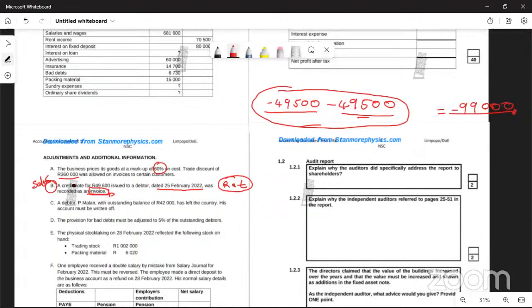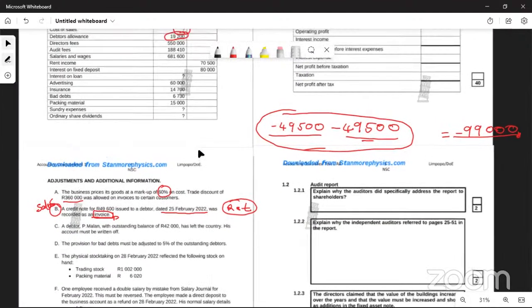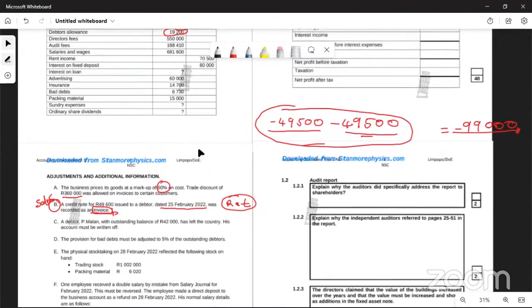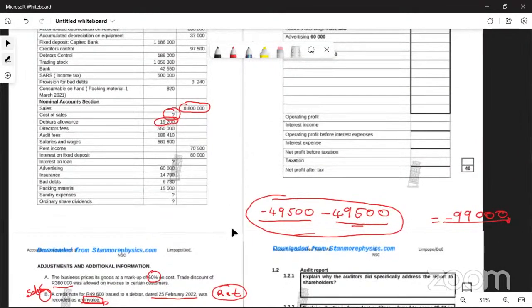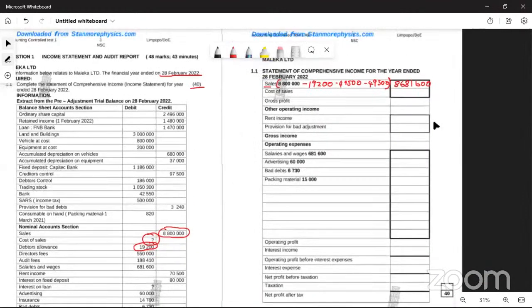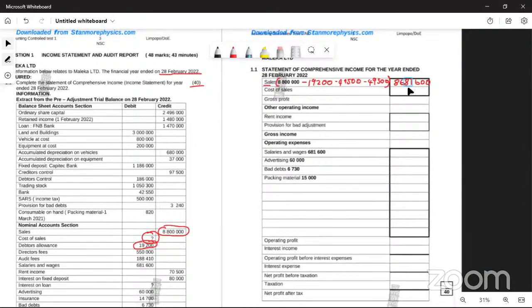So, okay, how are we to calculate that amount? Remember, you have your net sales now. We are going to take our sales amount. This sales figure, remember, is 8,681,000.